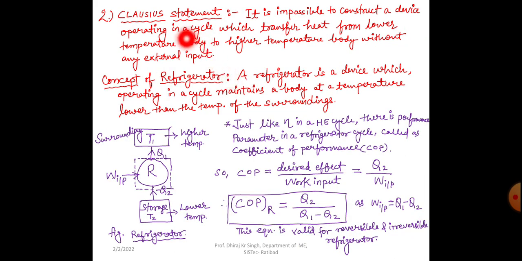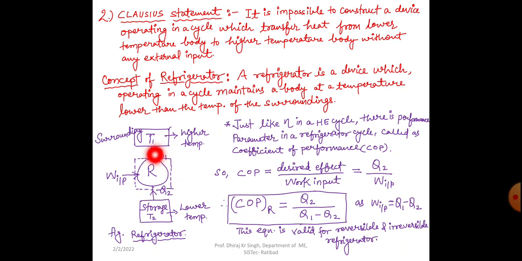The second statement is very useful from the point of view of our subject, because this statement tells us about the refrigerator and heat pump. So the Clausius statement is: it is impossible to construct a device operating in a cycle which transfers heat from a lower temperature body to a higher temperature body without any external input.